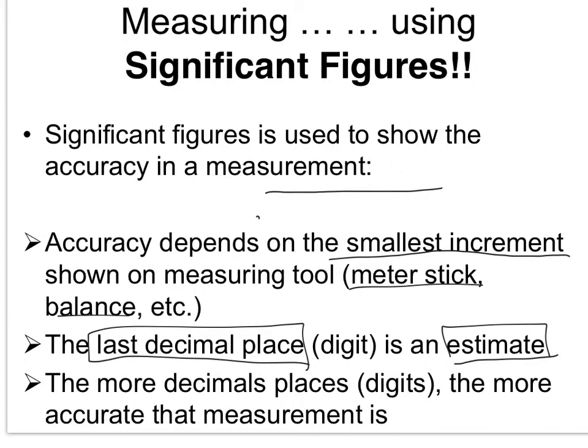Well, if I said this line was 0.7 meters, but then using a more accurate tool, I was able to say it is 0.753 meters. Well, this is considered to be a more accurate measurement because I have more decimal places. Again, as we go through the notes, it'll start to make more sense.